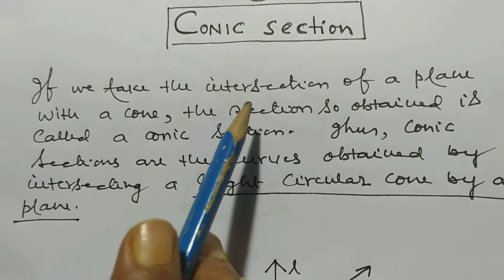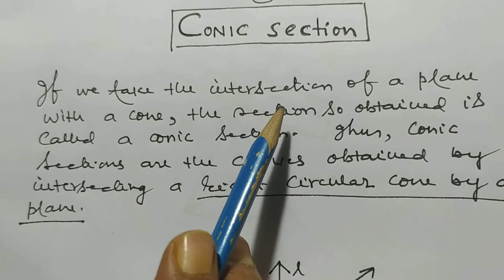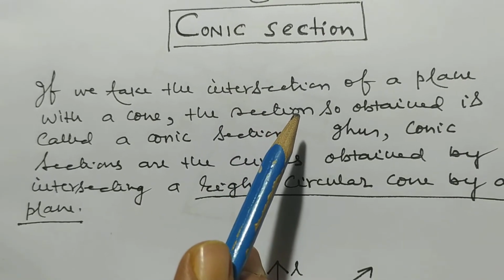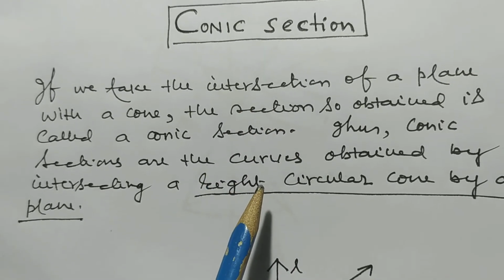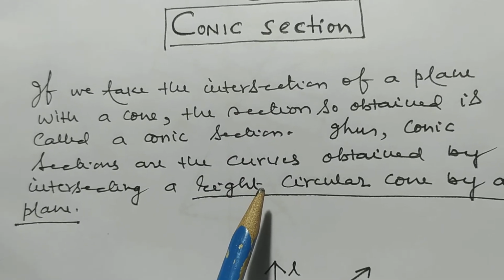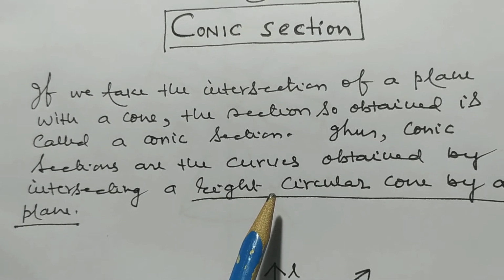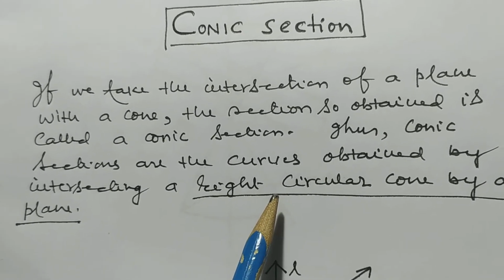If you apply certain condition with the intersection of plane with cone, then we will get different forms of conic section and you have to study it.